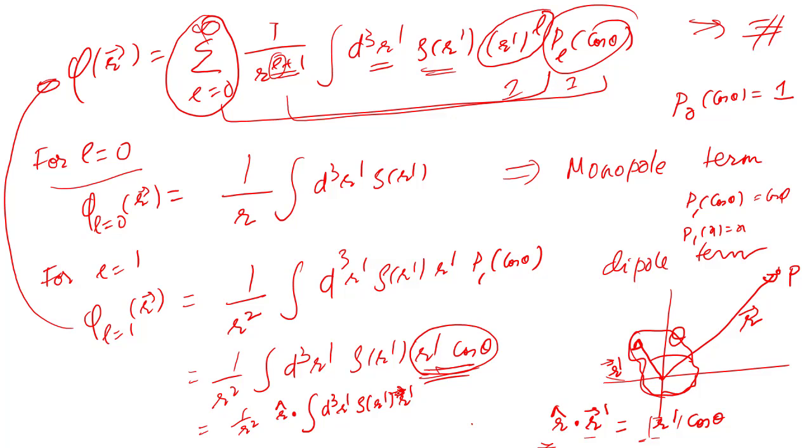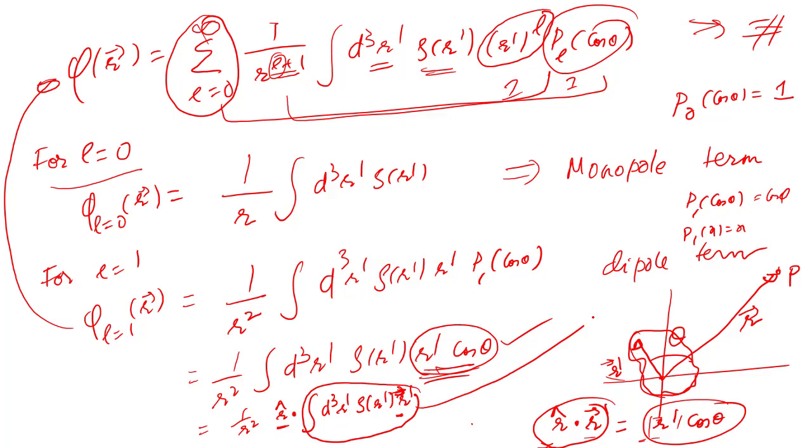So I change this to a vector because r dot, I'm dotting it with r prime, would give me r prime cosine theta. So now what we're going to do is define this integral as the dipole term, and we call that the dipole moment P. So then this can be written as 1 over r squared, r dot P.